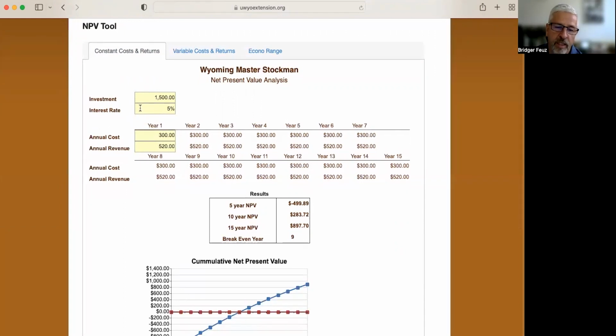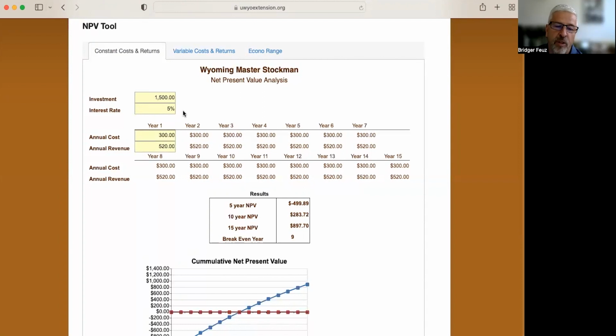Then you would enter an interest rate here. You can think about this interest rate in a couple of different ways. One, if you're having to get a loan, certainly you would start with that as the interest rate. You can also think about it somewhat in terms of a way to manage risk.